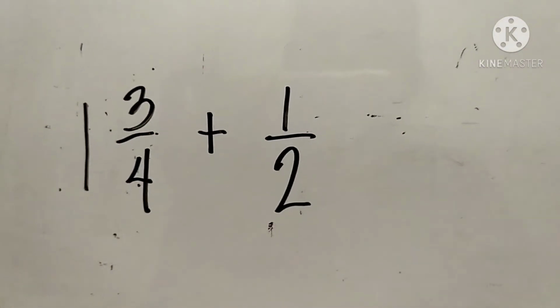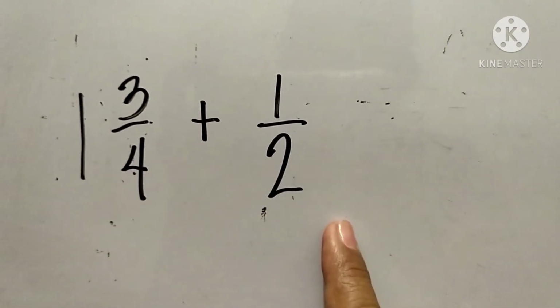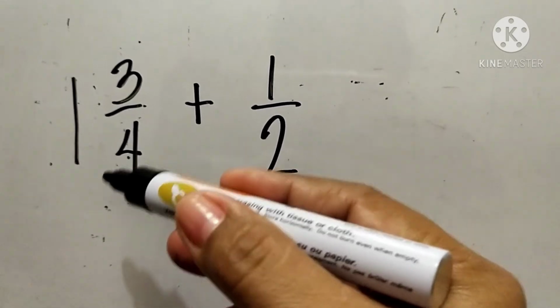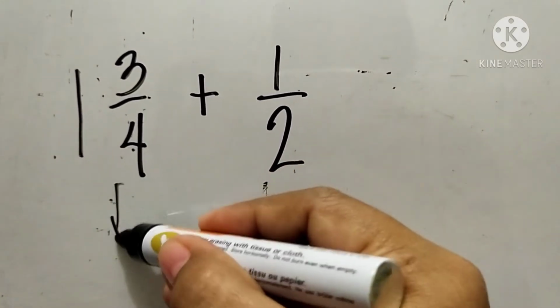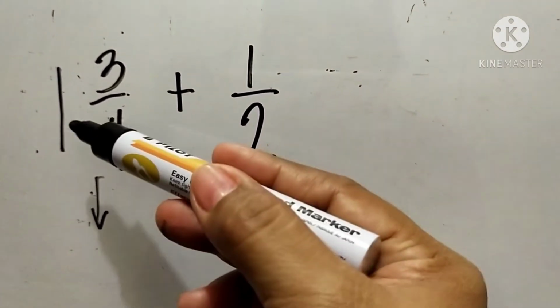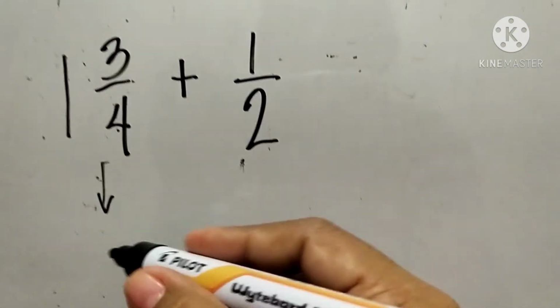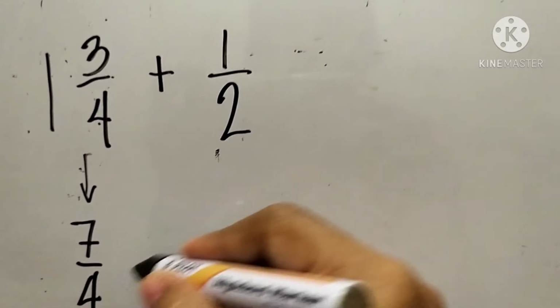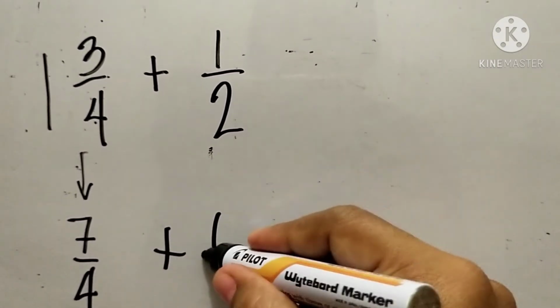What if the given is a mixed number and a rational number? If the given is a mixed number, you have to rewrite that into improper fraction, and that is 4 times 1 is 4 plus 3 is 7 over 4. Then 1/2.